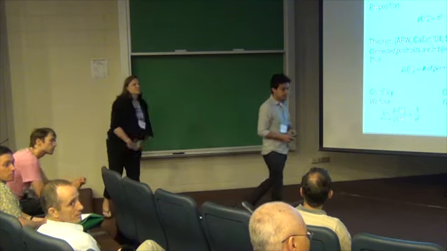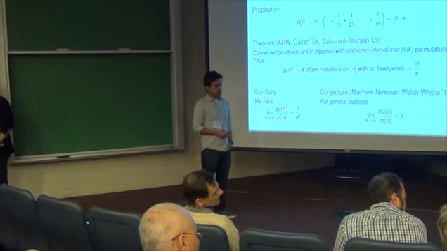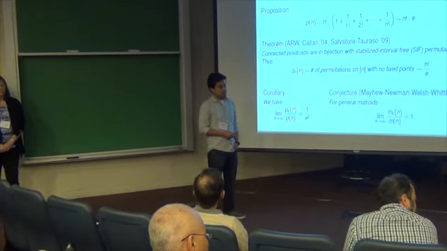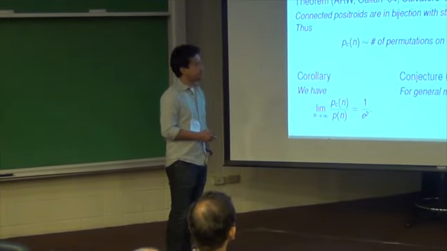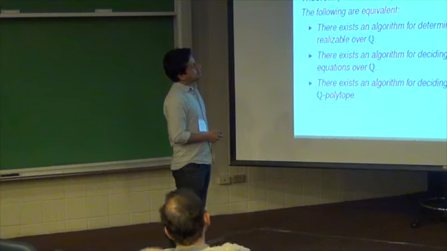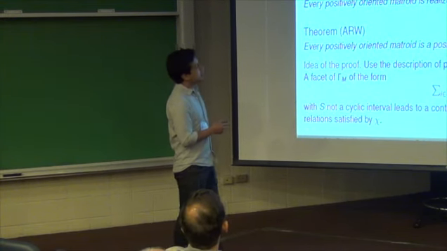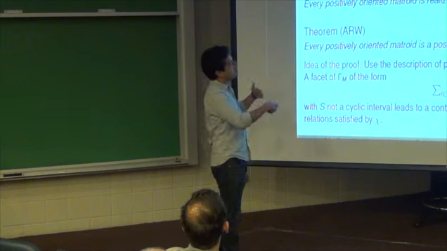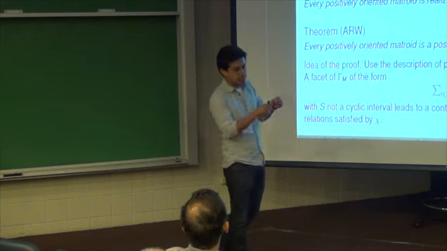Was there a reason to think that positively oriented matroids and positroids would be related in that way, aside from that they both have positivity? I mean, this condition here is saying that somehow you want a combinatorial oriented matroid where all the minors are non-negative, and that's precisely what a positroid is.